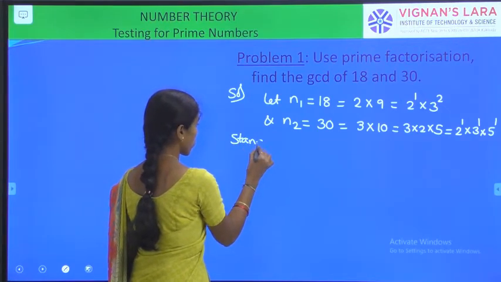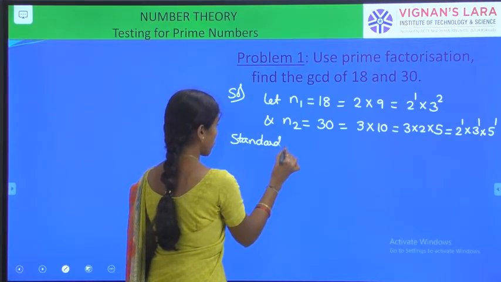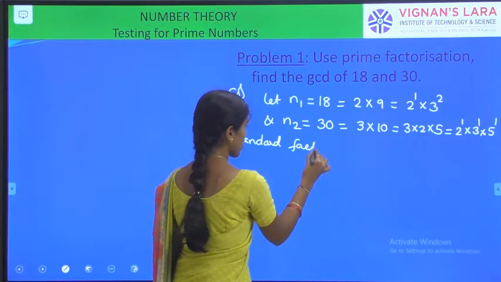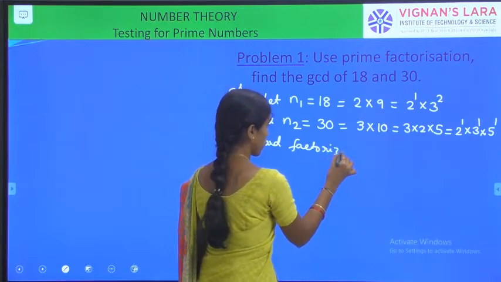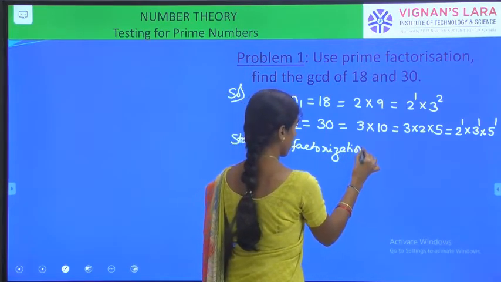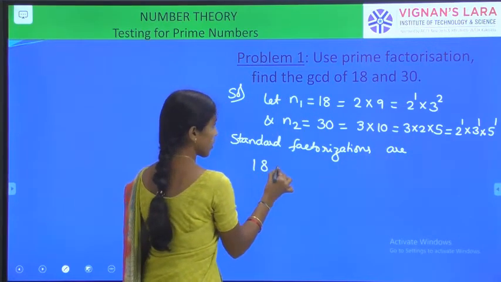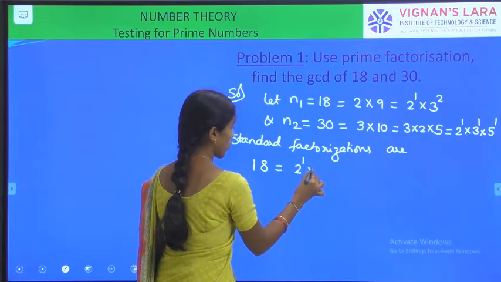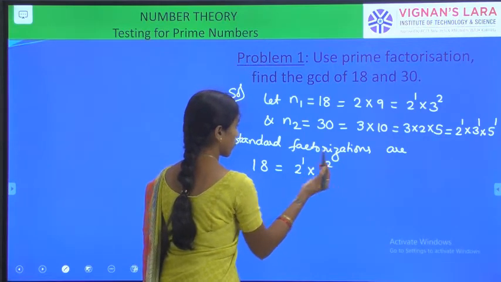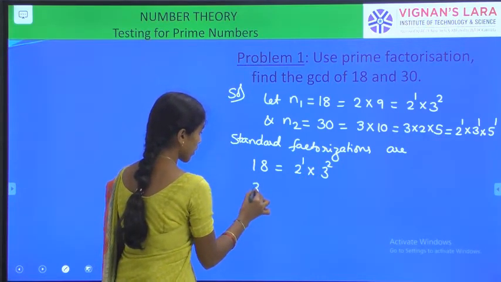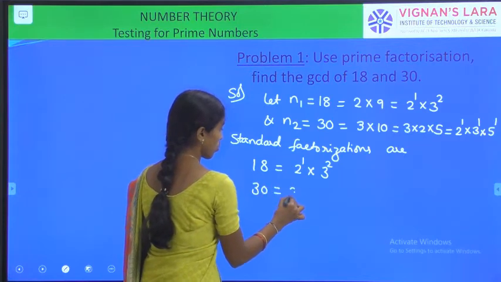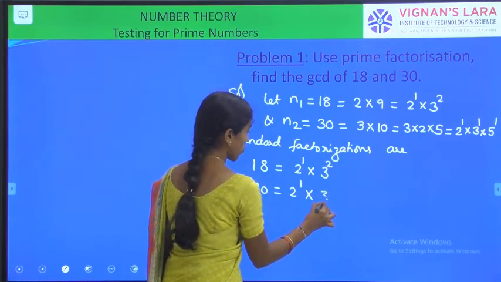The standard factorizations are: for 18 we can write it as 2 power 1, 3 square. For 30 we can write it as 2 power 1, 3 power 1 into 5 power 1.